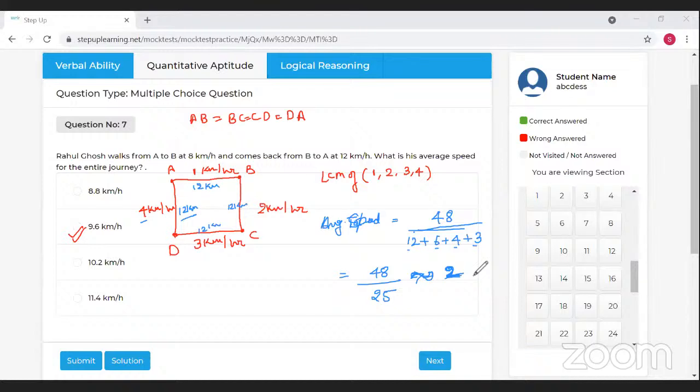If you know the distance is 12 kilometer, and if it is a rectangle, then this will not work because your distance is not constant. So this strategy works only when it is equal distance. Okay, fine. I hope it is clear.